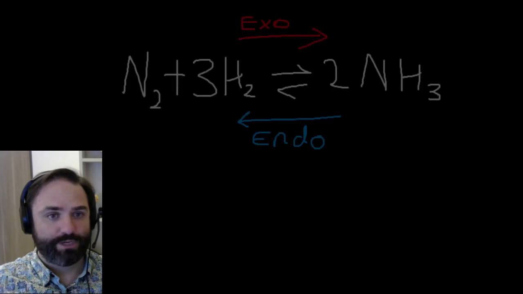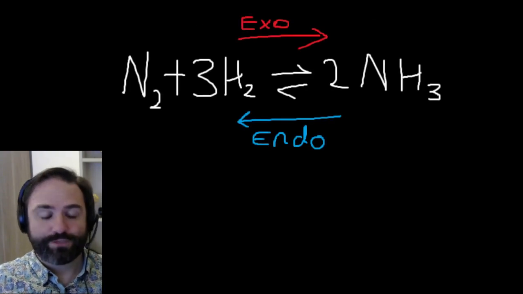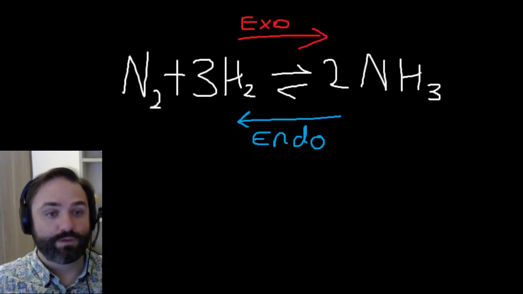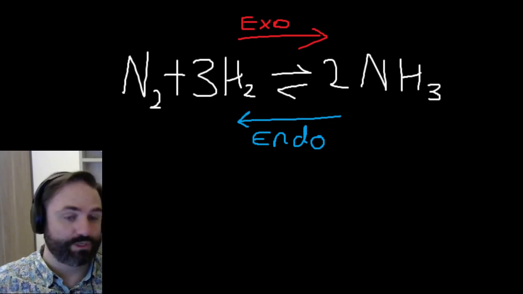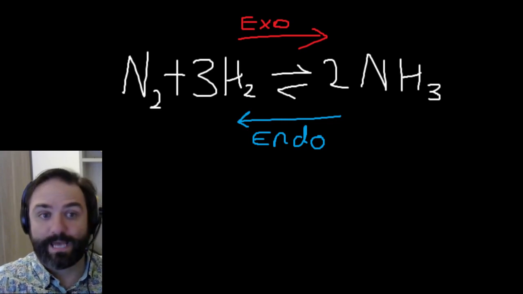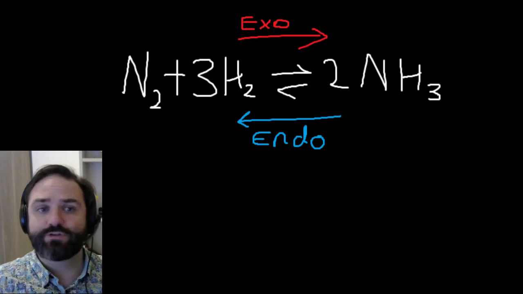Second one there, temperature. The forward reaction in the Haber process is exothermic. If we think about Le Chatelier's principle, then increasing the temperature is going to do the opposite. It is going to favor the backward reaction and move the position of equilibrium to the left. It is actually going to decrease the yield.